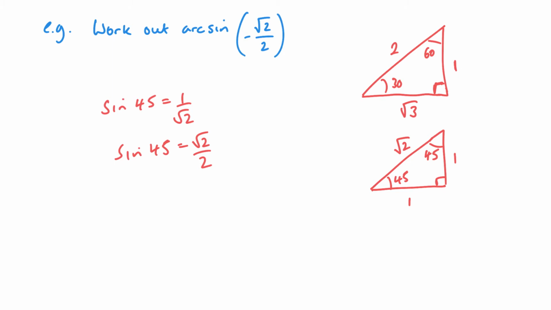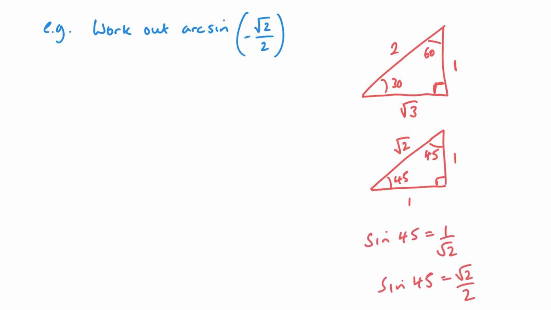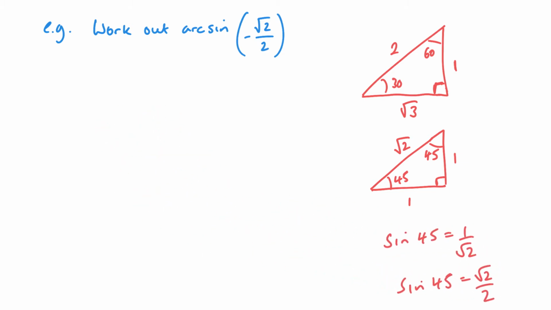So let's have a look at how we approach the actual question. I've got this little bit of information, I'm just going to pop it down there out of the way. And let's start the actual question, because now what you want to do is say let y equal that.